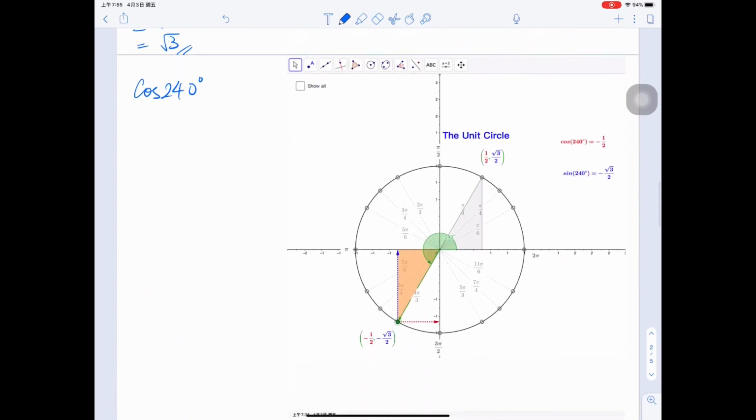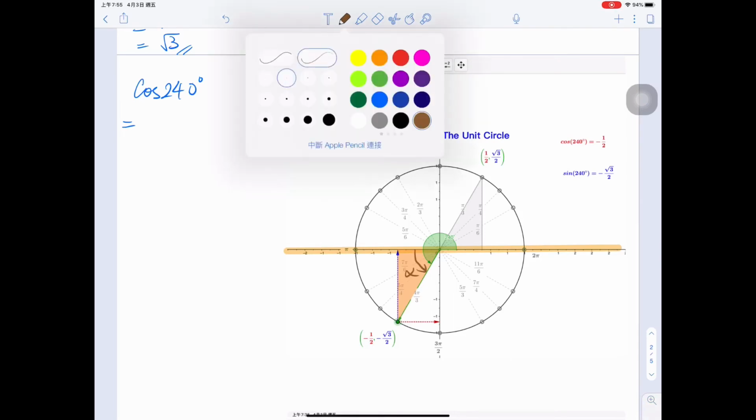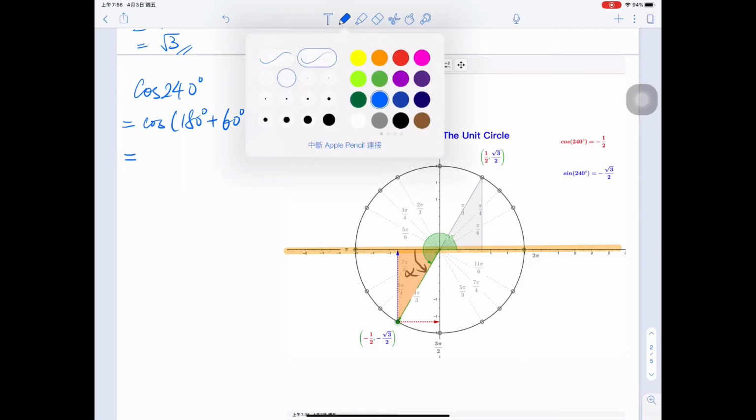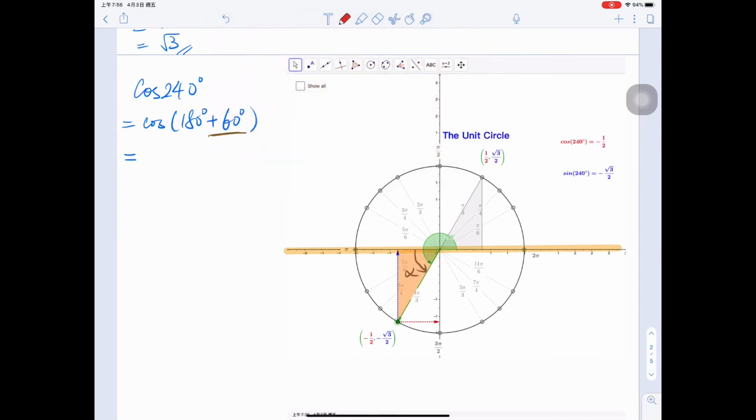Have a look. The angle theta lies in quadrant 3. Here, cosine 240 degrees. Okay. The x-axis is here. Then where's the reference angle? Correct. This one is alpha, right? So here we can write cosine of 180 degrees plus alpha, okay, plus 60 degrees, right? So you need to think. Here is the reference angle, and now think. The angle 240 lies in quadrant 3.